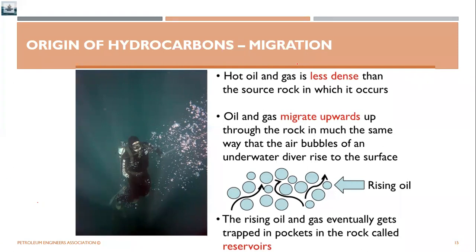So the oil and gas would be migrating up through the rocks. There would be migration happening, there would be fluidity in the oil and gas, and then they will eventually get trapped within the reservoir rocks. So that is what is happening.